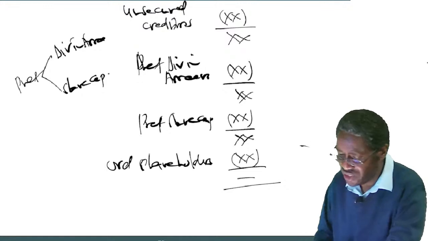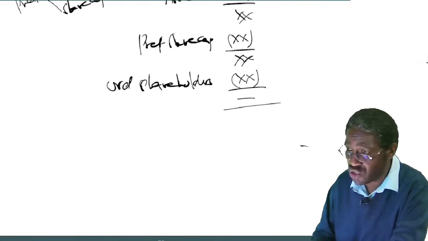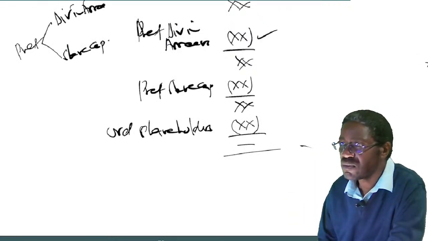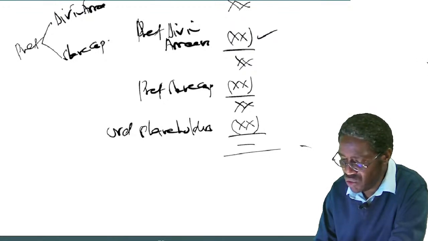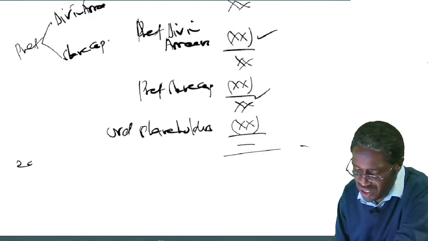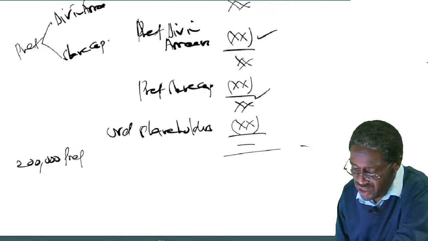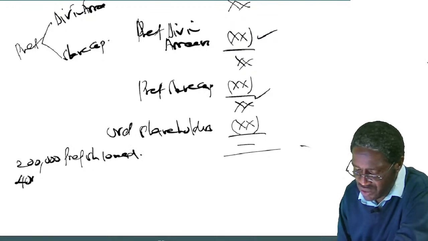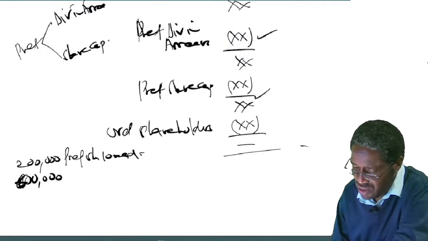But suppose, listen now, from your question, after you paid the arrears here, you came and paid the preference shareholders, whatever it is. And after paying them, let me assume you went to the balance sheet of this company and you find the company had 200,000 preference shares of shillings 10 each, that's coming to 2 million.